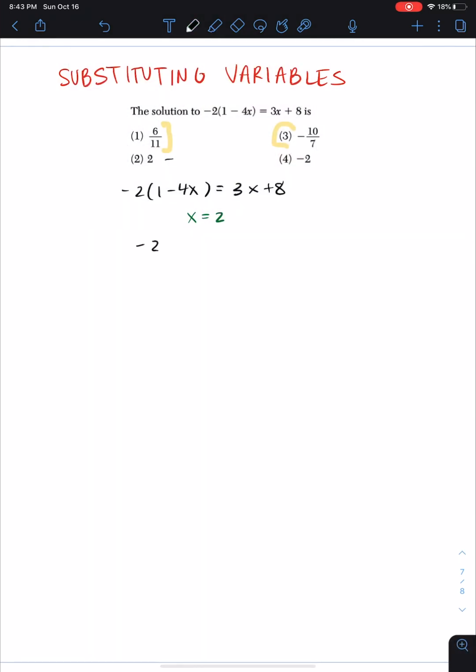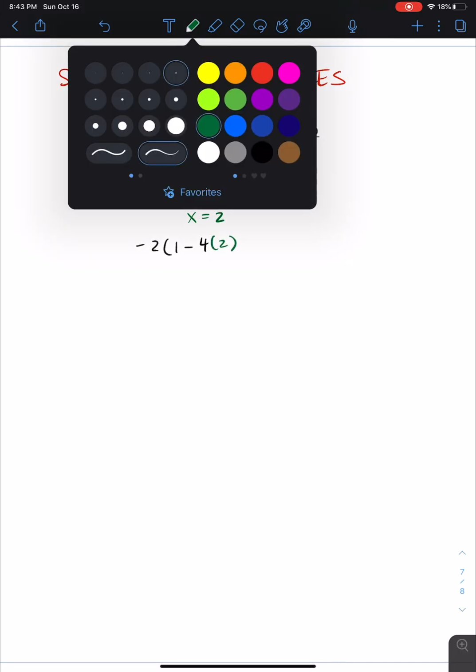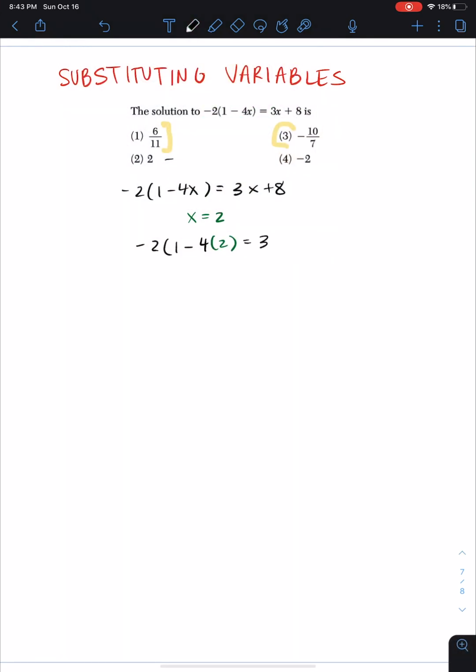So we're going to do -2 times 1 minus 4 times x, and in this case x is 2, is equal to 3x plus 8. I don't want to forget my parentheses. So we're left with -2 times (1 minus 4 times 2, which is 8), is equal to 3.